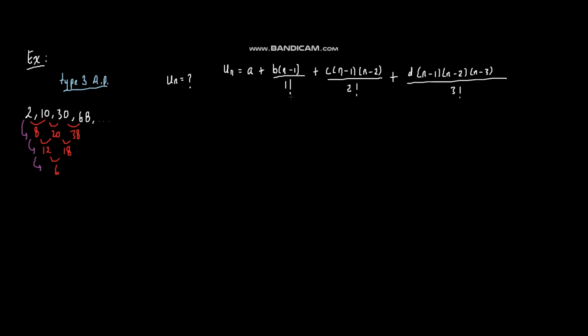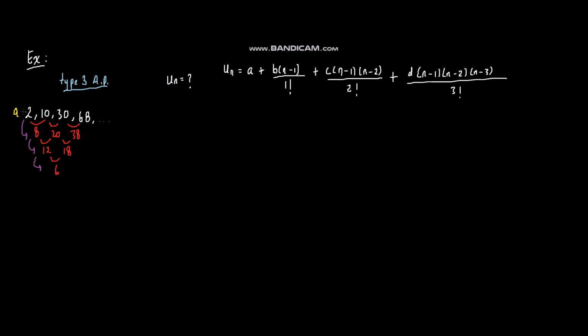So to find the nth term formula, we just need these coefficients: A, B, C, and D. Now, how do we get them? They're actually from here.